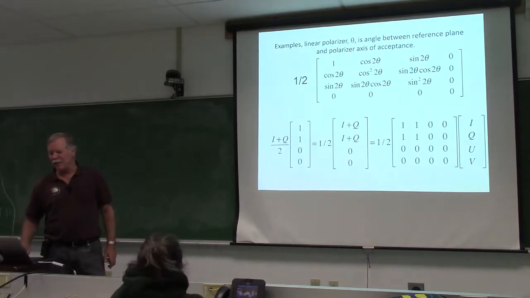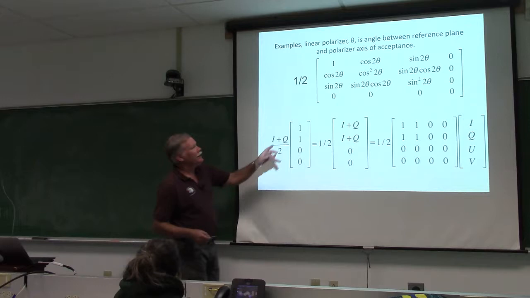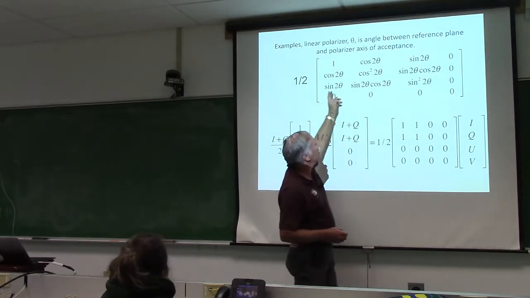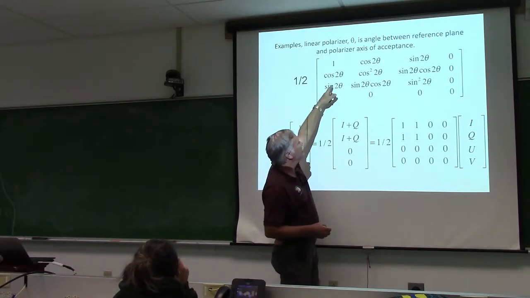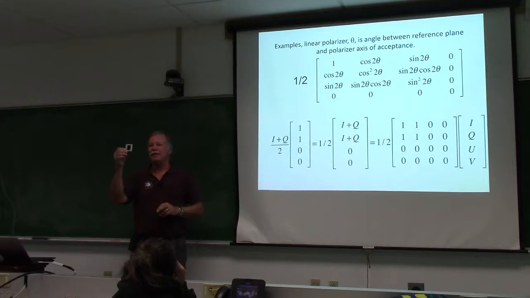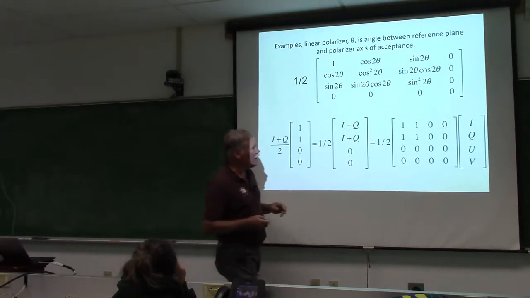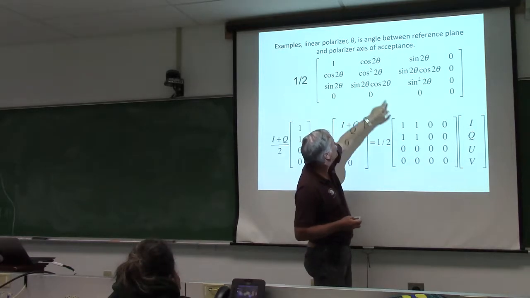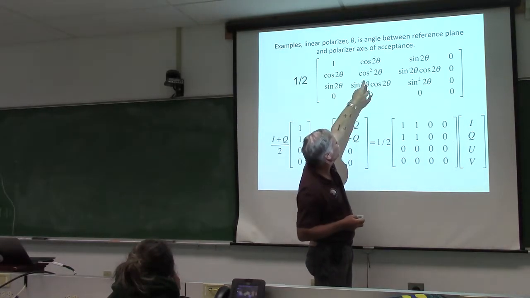So, a 4x4 example. This is the Mueller matrix for a polarizer, where theta is describing the acceptance angle of the polarizer. If I have this polarizer, basically we're saying theta is equal to 0.